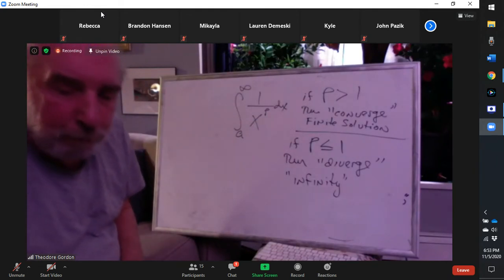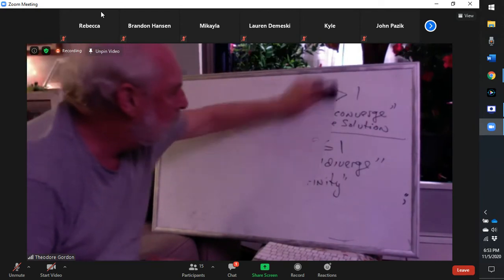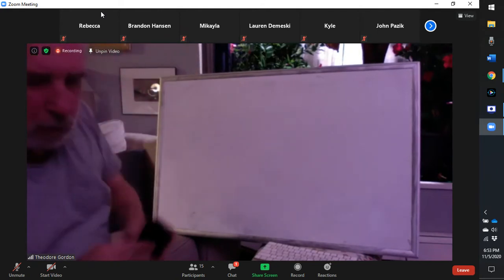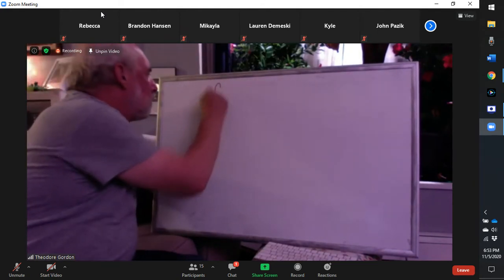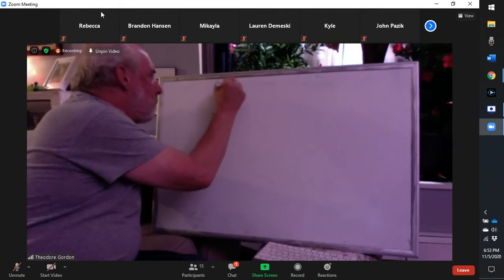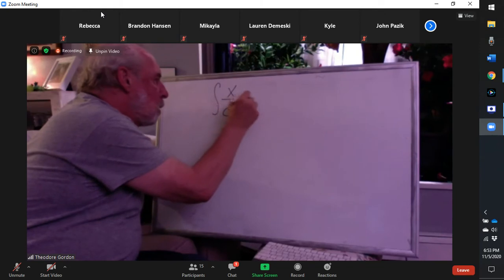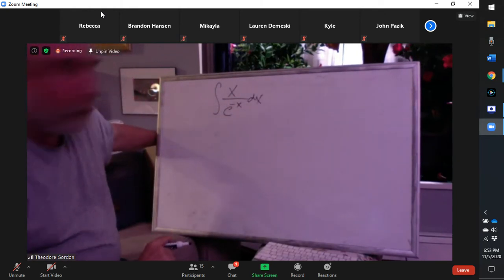All right, let's try another example. The integral of x over e to the negative x power.